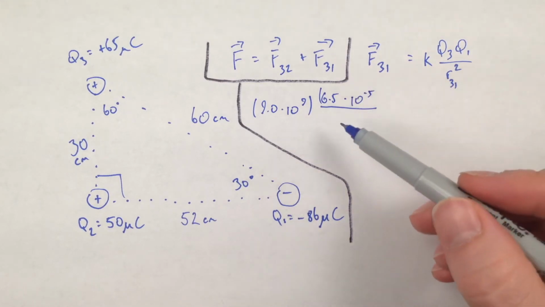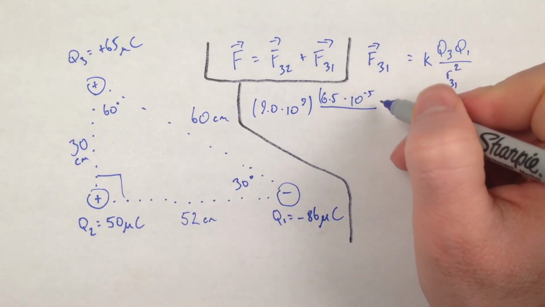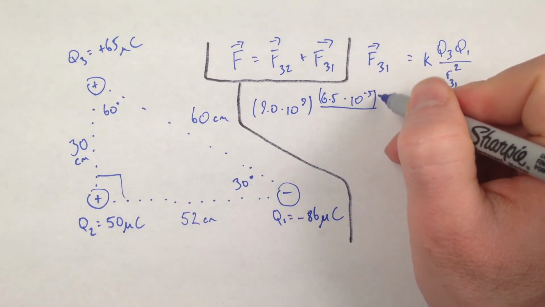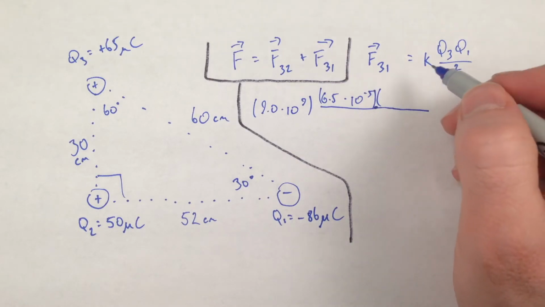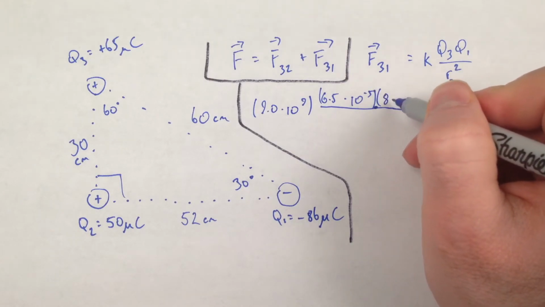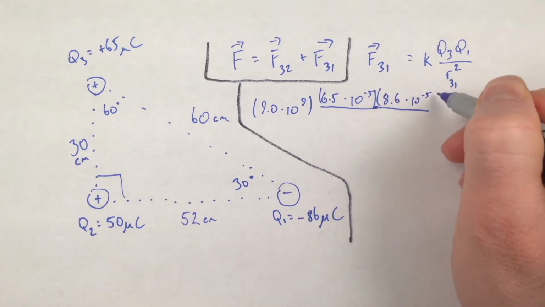That would be 65 times 10 to the negative 6th, but adjusted to be in proper scientific notation. And 8.6 times 10 to the negative 5th.